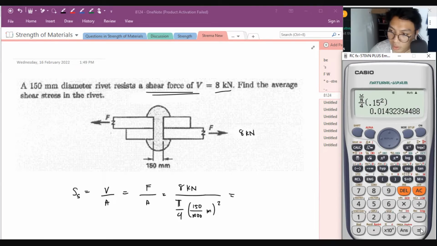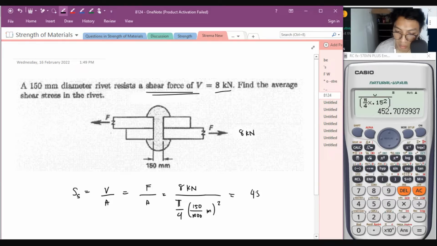The answer is mali. 8 divided by pi divided by 4 times 0.15 squared. The answer will be 452.71 kPa.